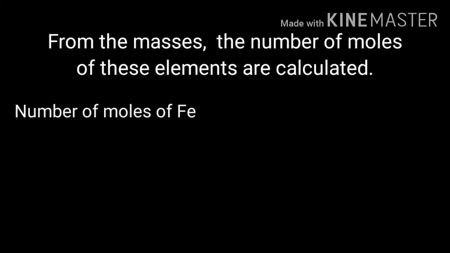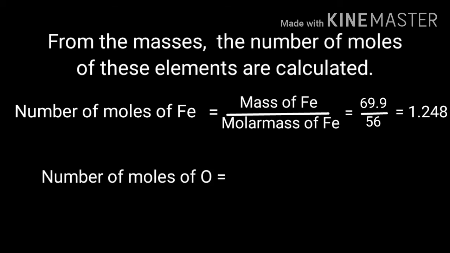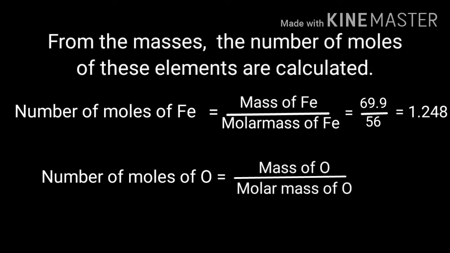The number of moles of iron is equal to its mass divided by its molar mass. That is 69.9 divided by 56, which is equal to 1.248. Similarly, the number of moles of oxygen is equal to its mass divided by its molar mass. That is 30.1 divided by 16 equal to 1.88.